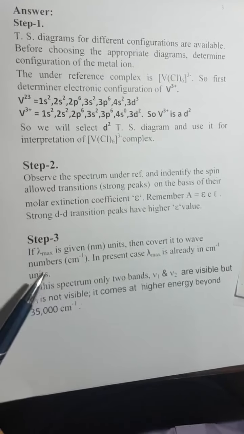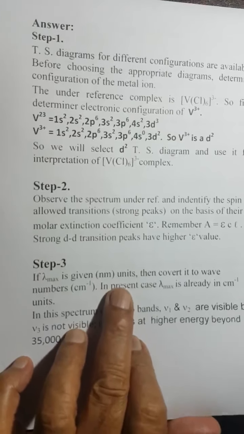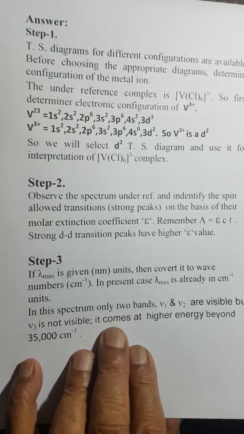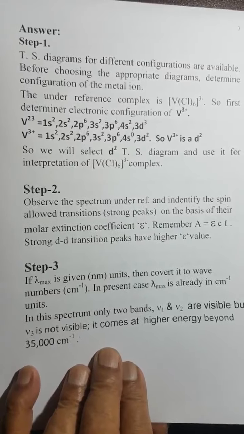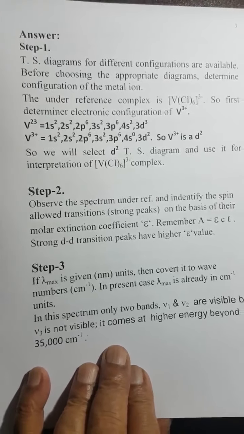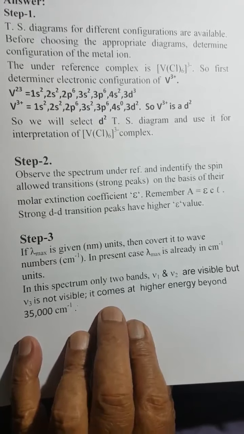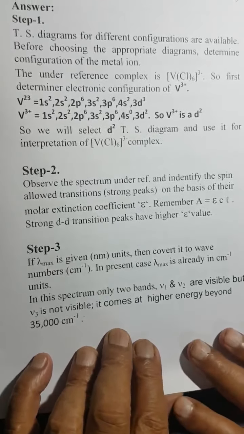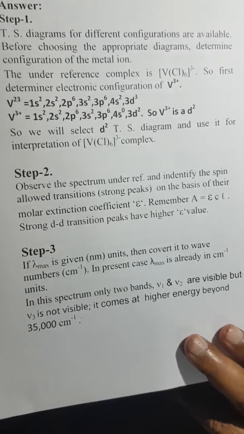I have written that if the lambda max is given in nanometers, then we will convert it into reciprocal centimeters. So that has also been done. In this spectrum only two bands, nu1 and nu2, are visible, but nu3 is not visible.